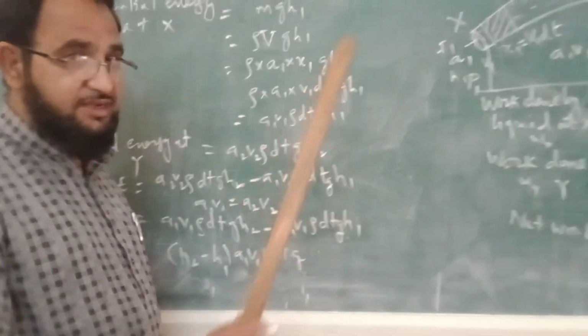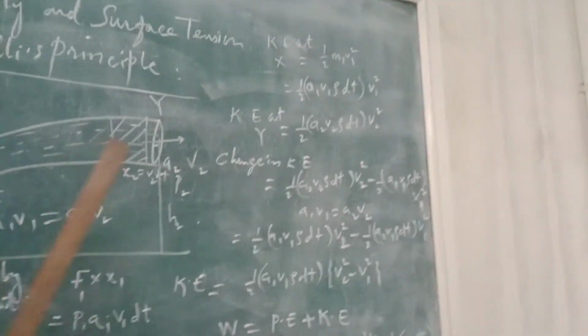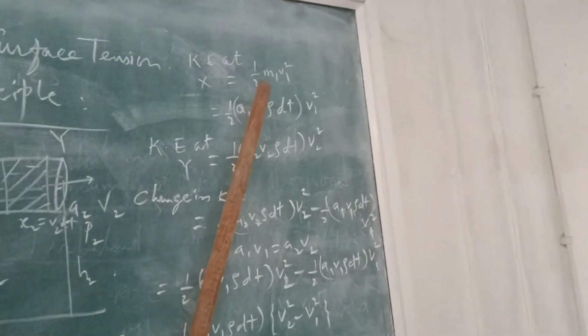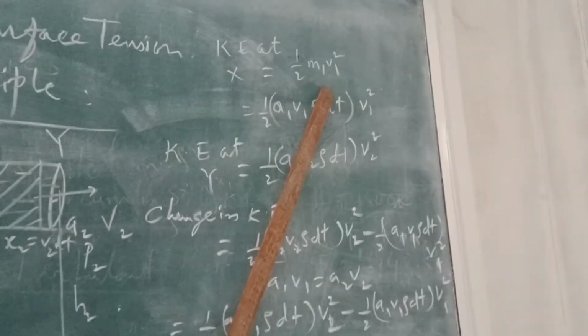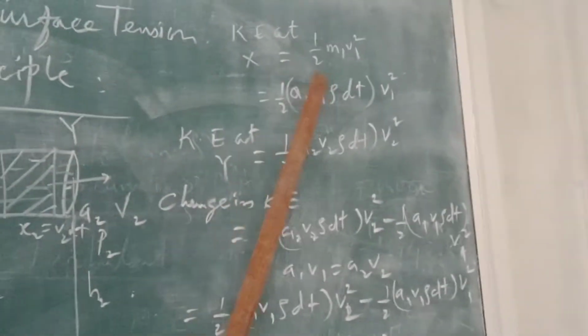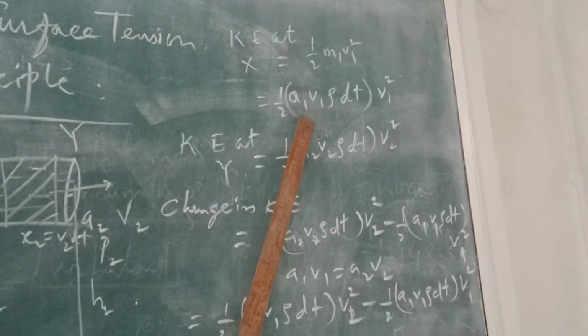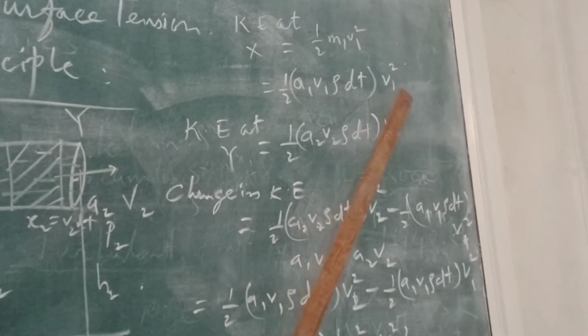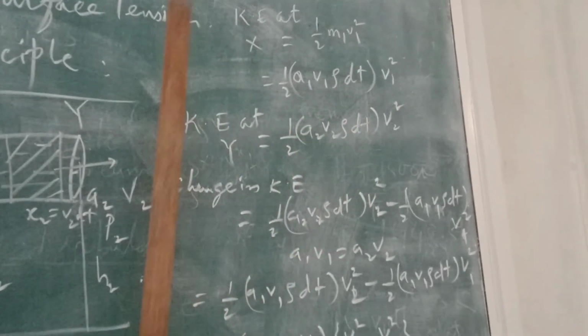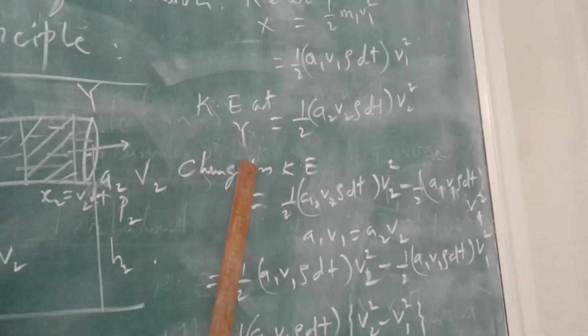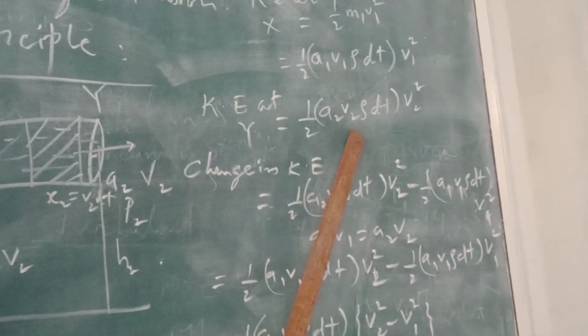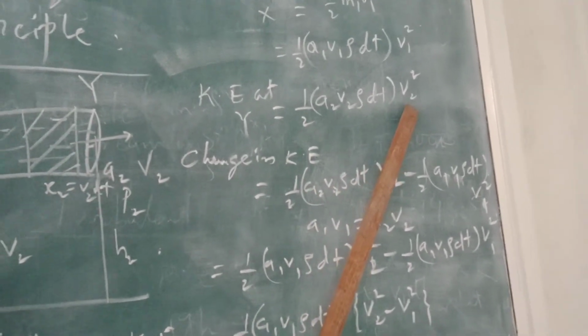Now I will find the kinetic energy of the liquid. The formula for the kinetic energy is half mv square. So at point X, kinetic energy is half m1 v1 square. m1 can be replaced as A1 v1 rho dt, v1 square, half as it is. Similarly, the kinetic energy at point Y is half A2 v2 rho dt into v2 square.